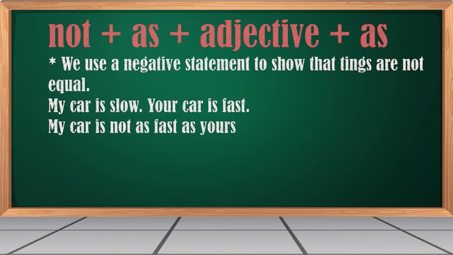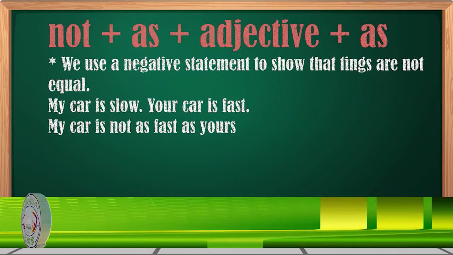Also, as we said, we use negative statements with as plus not to show that things are not equal. Here I want to join them to become one sentence using as, not.